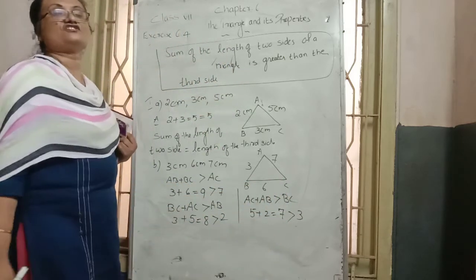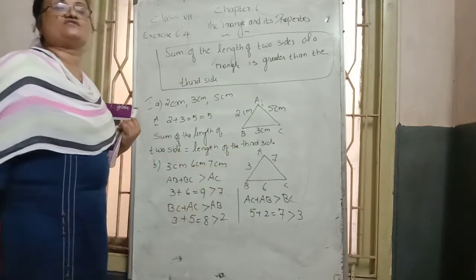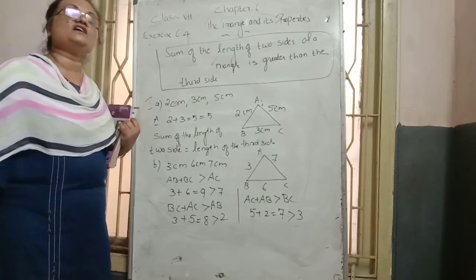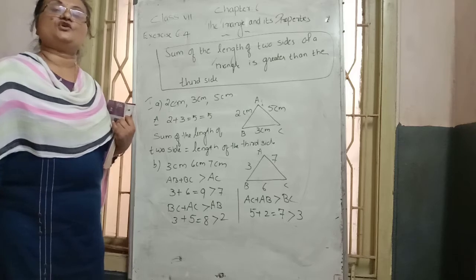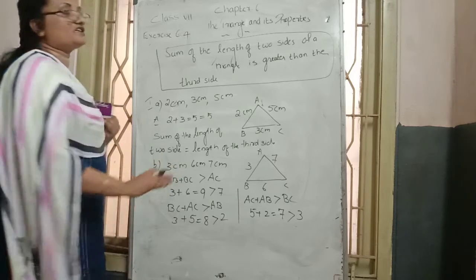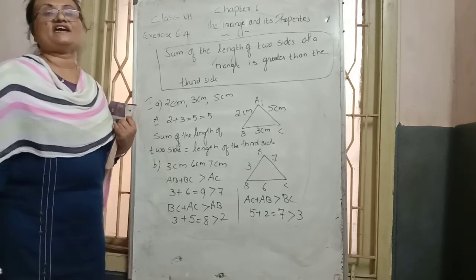So 7 is greater. Taking any two sides in any order and adding them, the answer is greater than the third side of the triangle. That's why, for the second question, it is possible to draw a triangle.